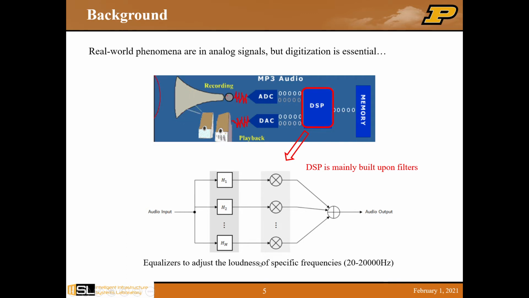Basically, they can be represented as a series of filters. They try to adjust the loudness, which is also the energy level in different frequency domains, from 20 to 20,000 hertz. In the demo session, we can play with that and hear the effect of the filter.